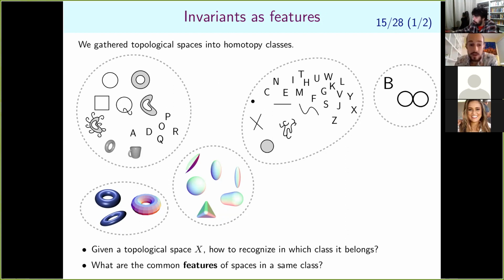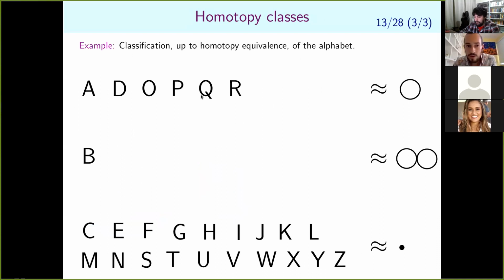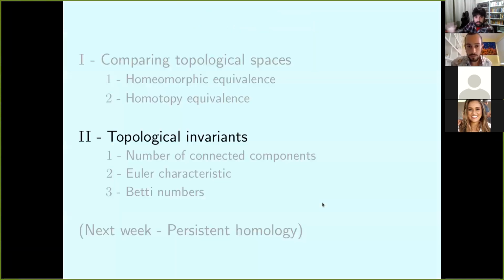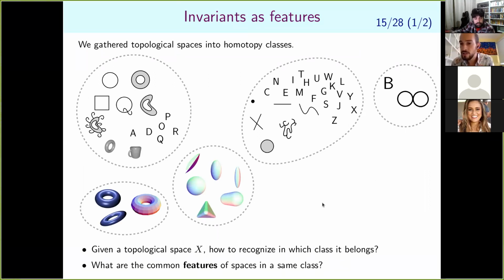And we can ask first, if I give you a topological space, how do you determine in which class it belongs? As you've seen with the letters here, for the letters, it's easy. Basically, you have to count the number of holes we have in our letters, right? So these are the letters with one hole. In some sense, we can see that the B has two holes and there is no hole in these other letters. But in general, it's hard to answer this question.